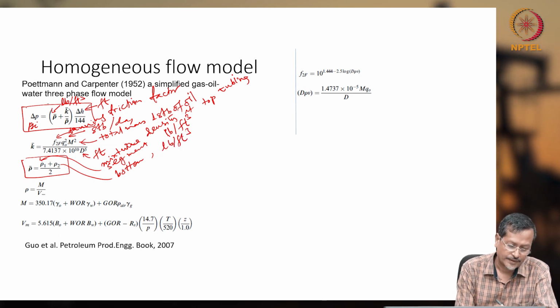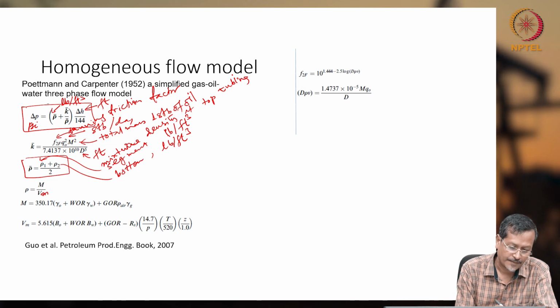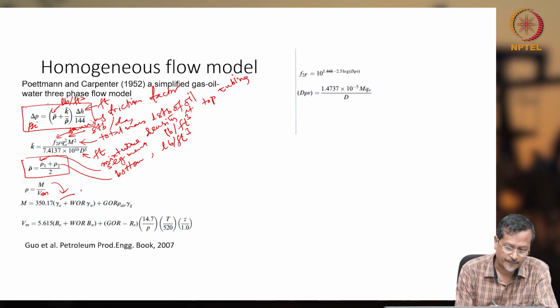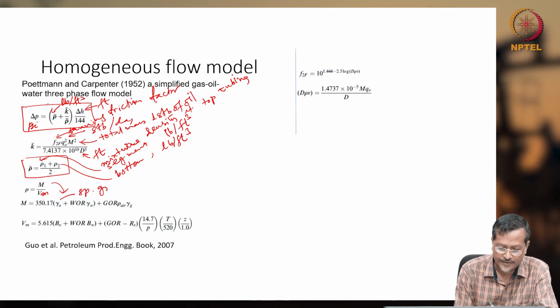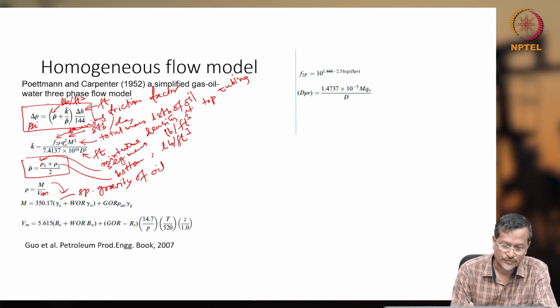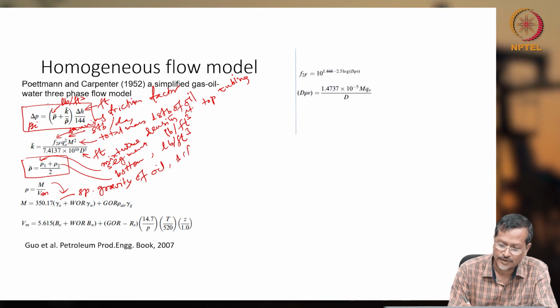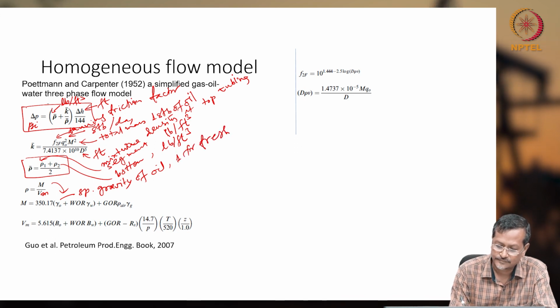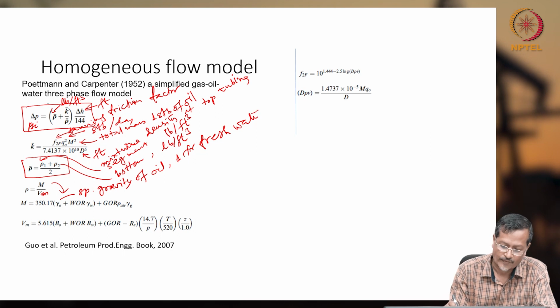And rho is M by VM, and M is given here, and M is gamma O, the oil specific gravity, that is 1 for fresh water.